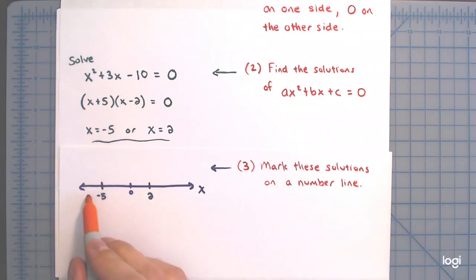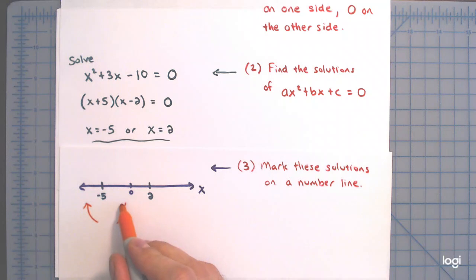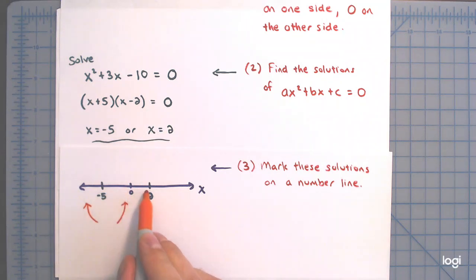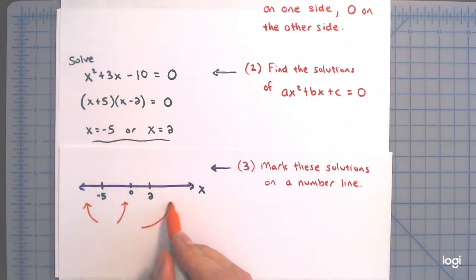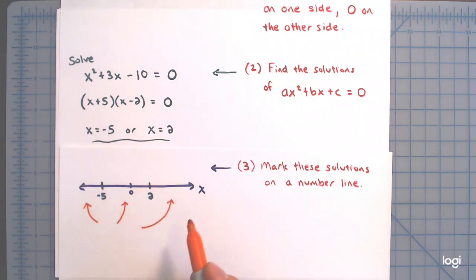This interval of numbers to the left of negative 5, this interval of numbers between negative 5 and 2, and then this interval of numbers to the right of 2.